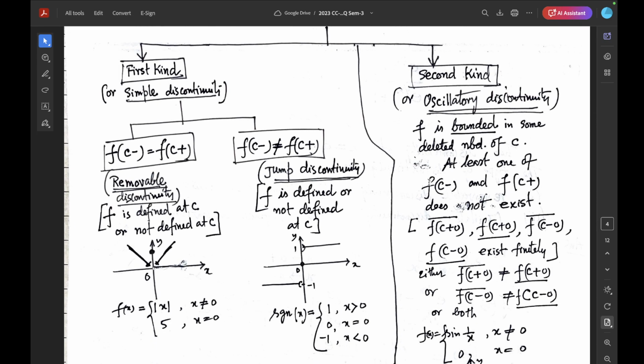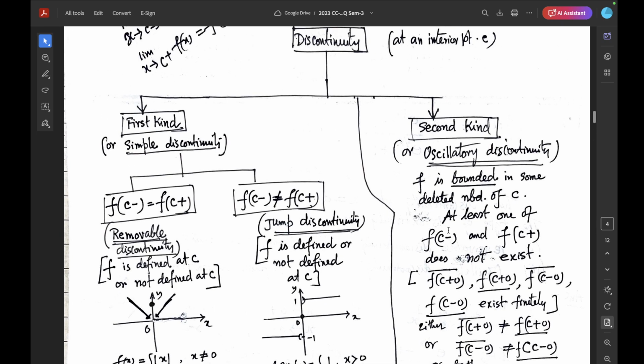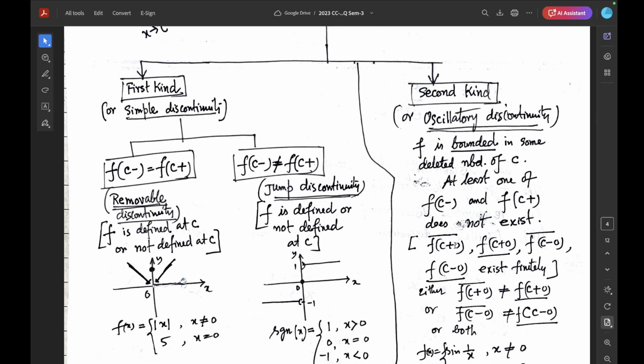Here f upper bar C plus 0 is actually the limit superior for the right hand limit, that is, the limit as x tends to C plus, limit upper bar.